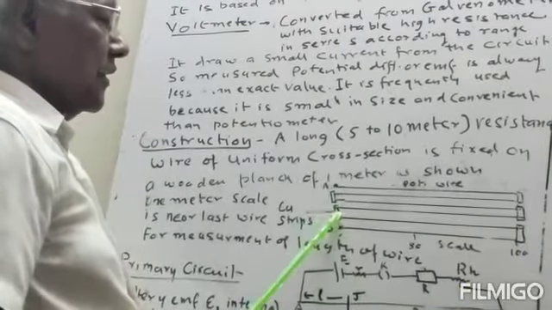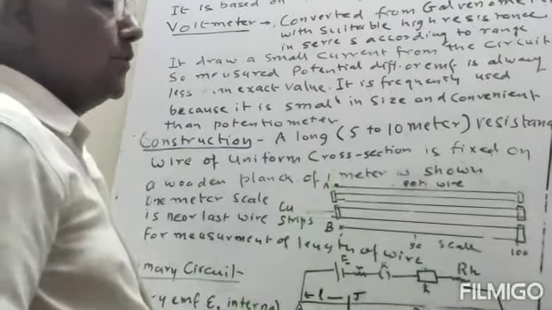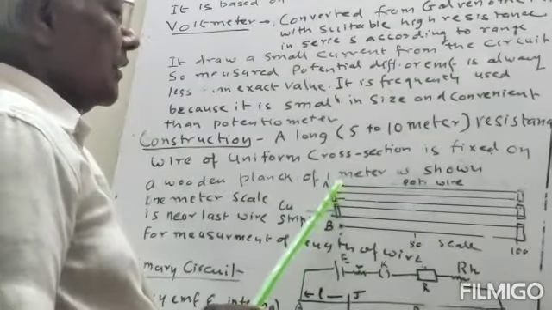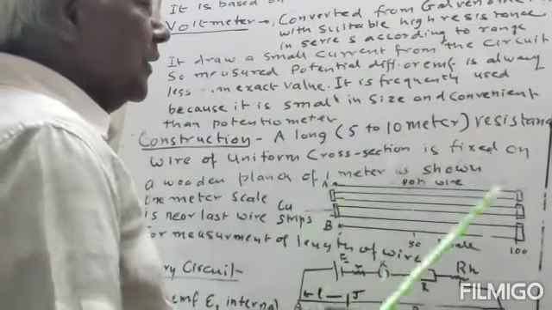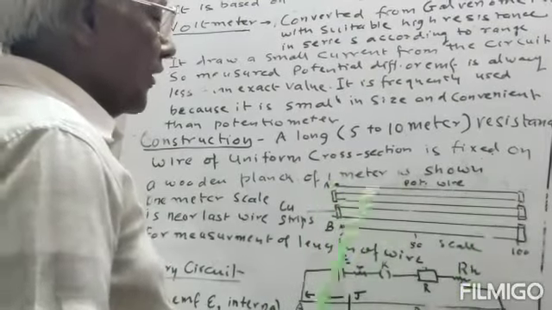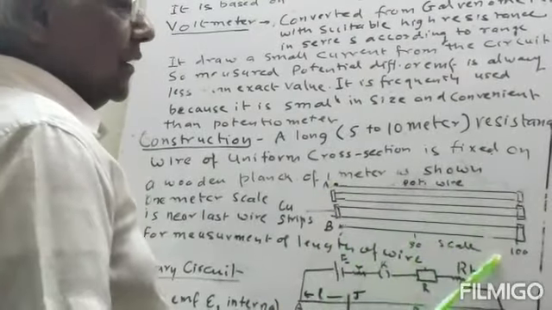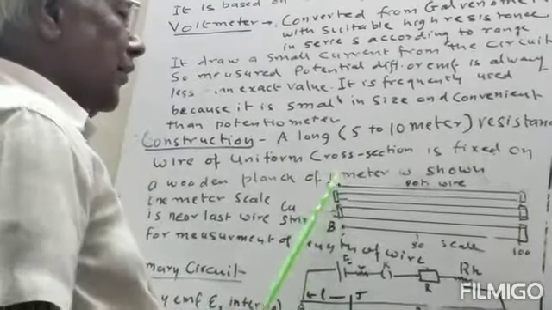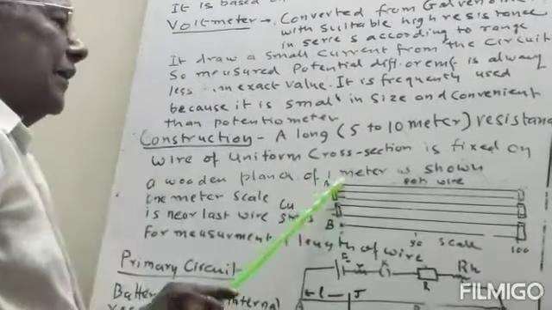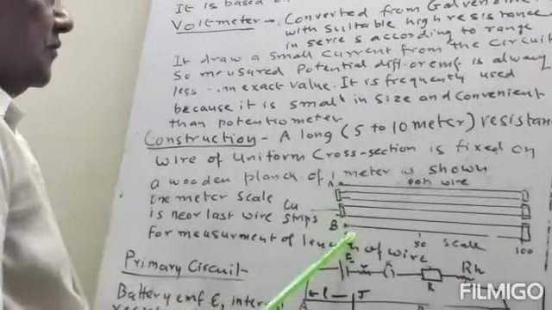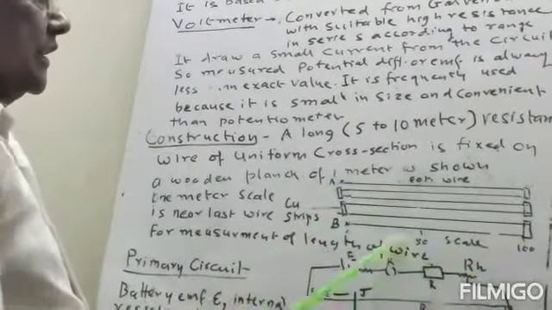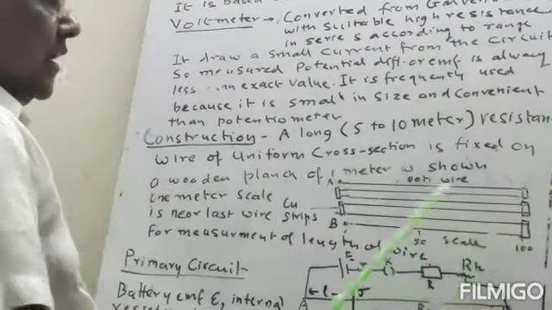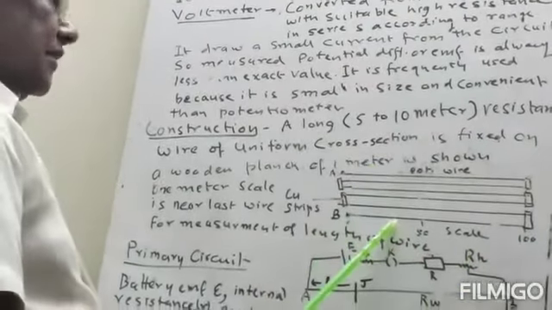Because the resistance of the copper strip is negligible, we will have the resistance only of 1 meter, 1 meter, 1 meter, 1 meter and 5 meter only. So at the ends A and B are fixed and we have a screw here, and here also a meter scale is given to measure the length.